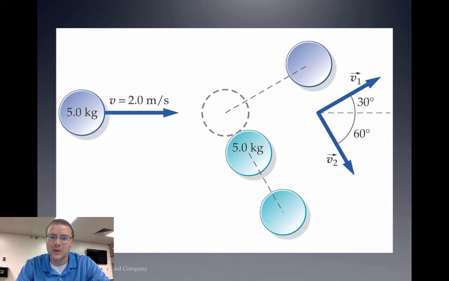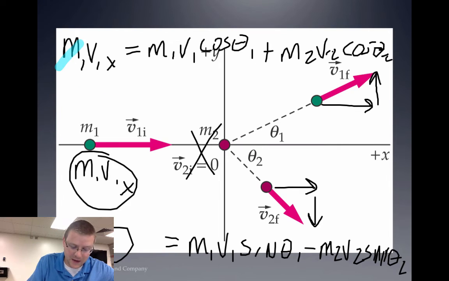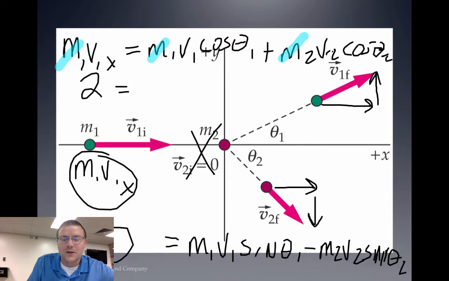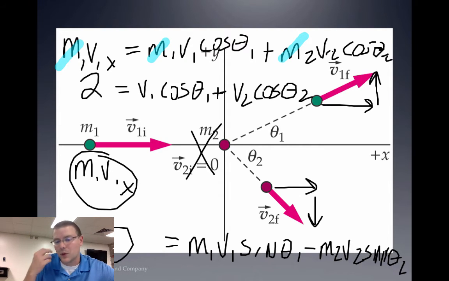So we could put our numbers back into the problem we just did, and since both objects have the same mass, we can really knock out the masses all the way through, and we know that our starting velocity of 2 must equal v1 cosine theta 1 plus v2 cosine theta 2. Okay, but we don't know v1 or v2, so you can come down to the y direction and again cancel the masses since they're both the same mass, and then solve for v1 or v2.